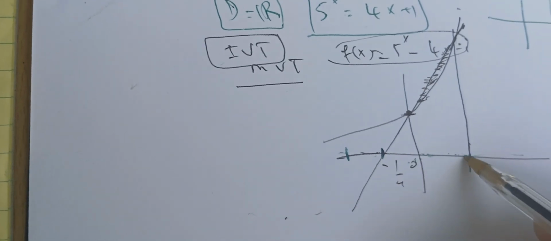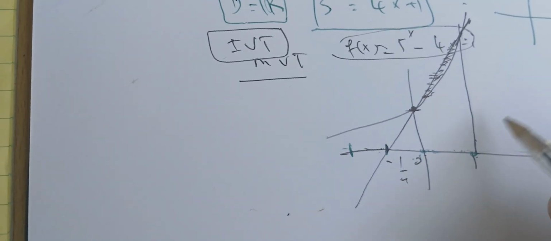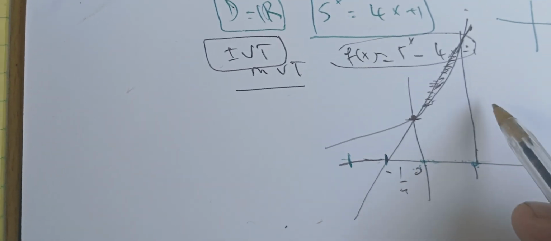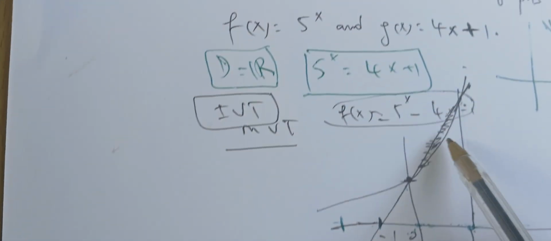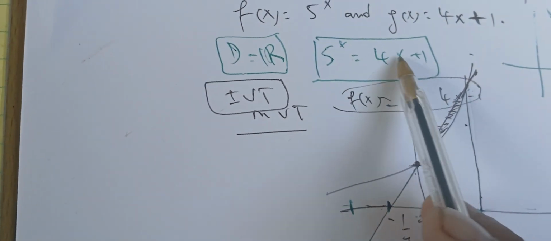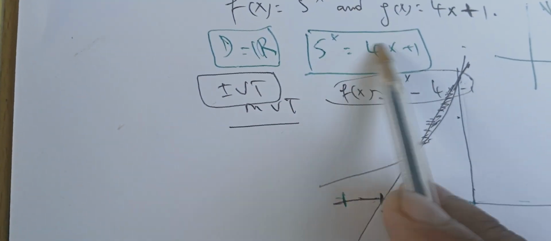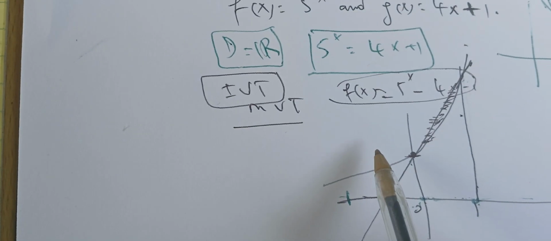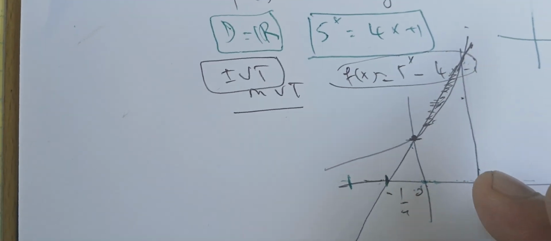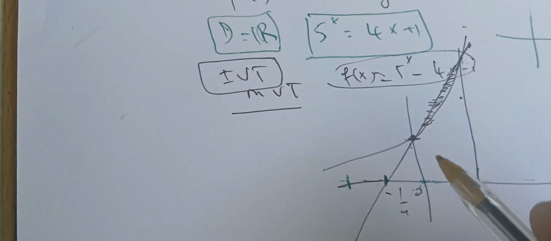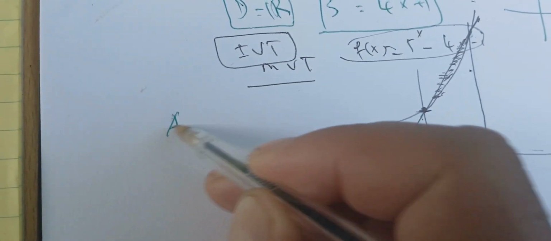So the mean value theorem would definitely help us proving that 0 and 1 are the only solutions for this equation.